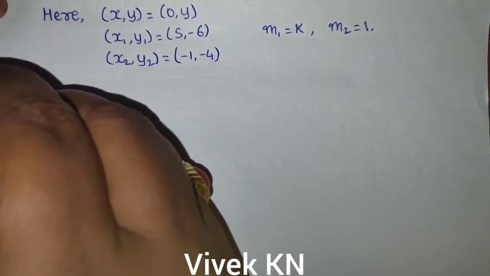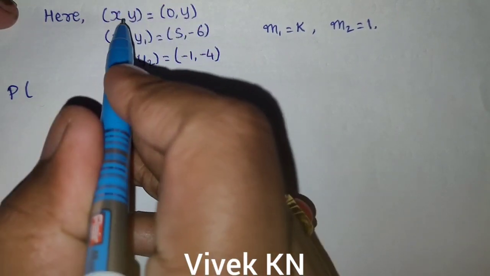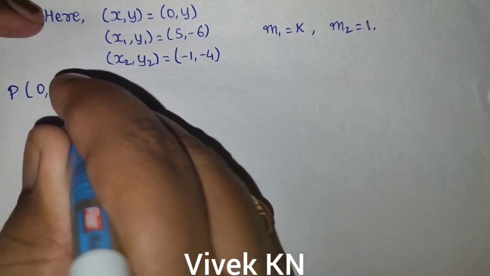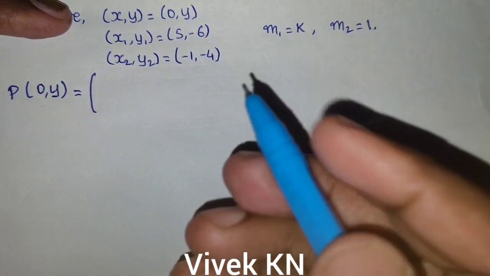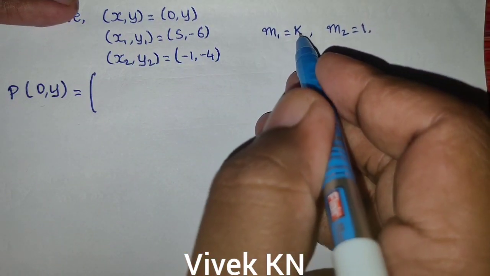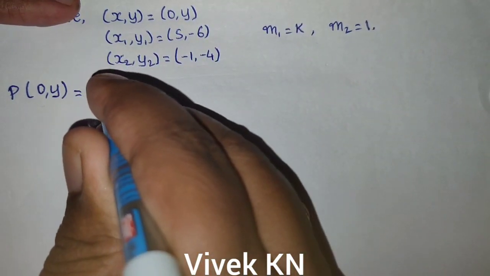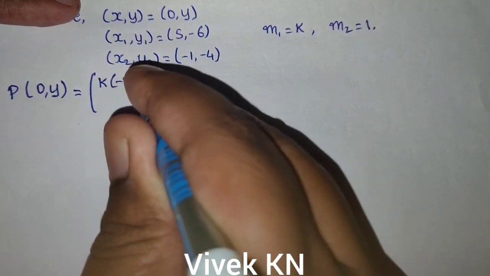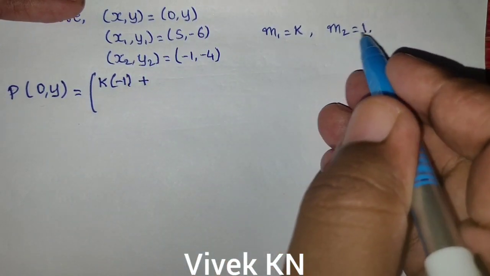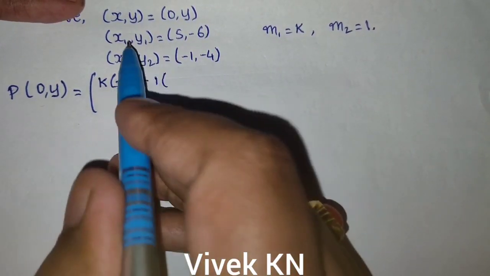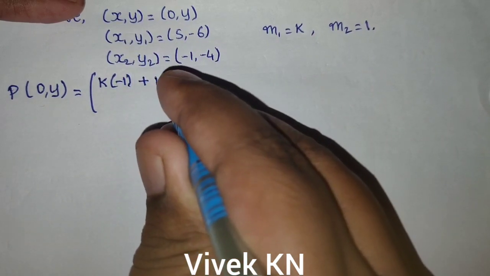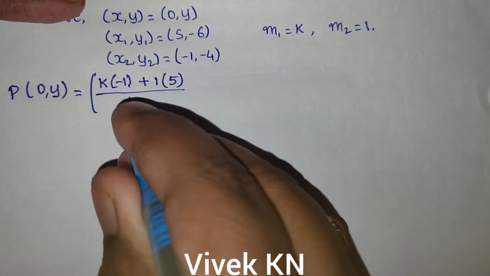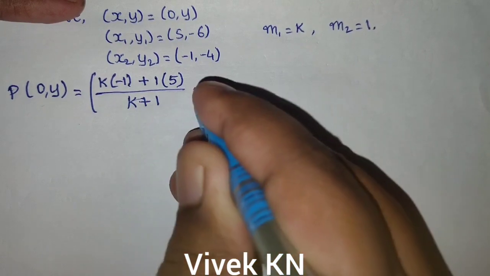Therefore P(x, y) is nothing but (0, y). (0, y) is equal to m1x2, the value of m1 is k, the value of x2 is -1, plus m2x1, the value of m2 is 1 and the value of x1 is 5, divided by m1 plus m2, that is k plus 1.